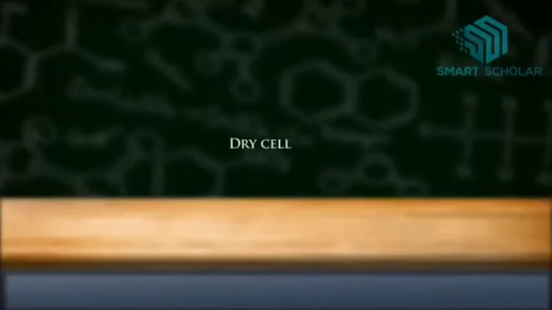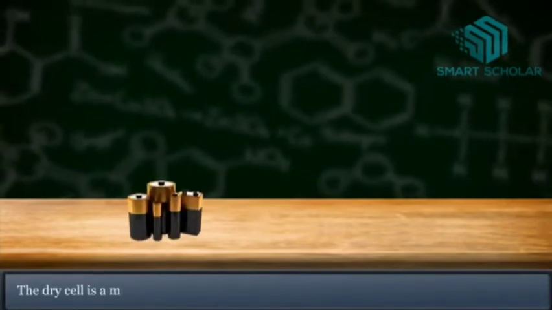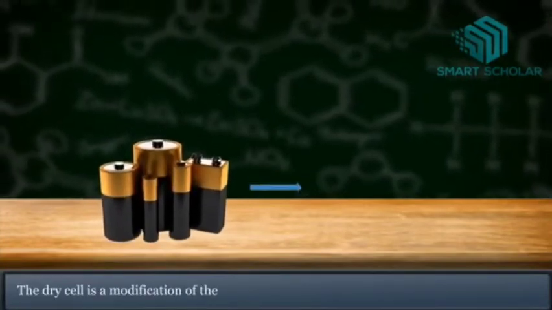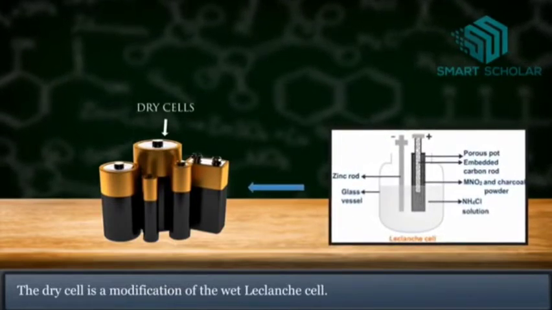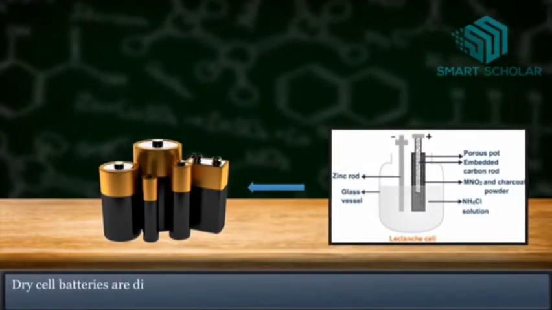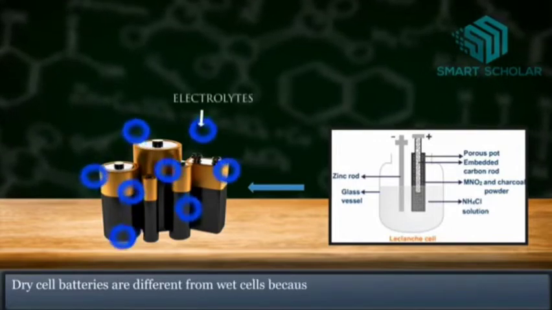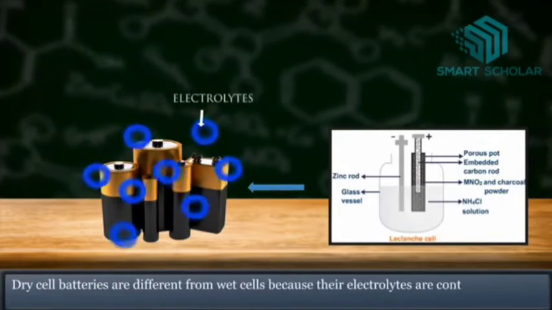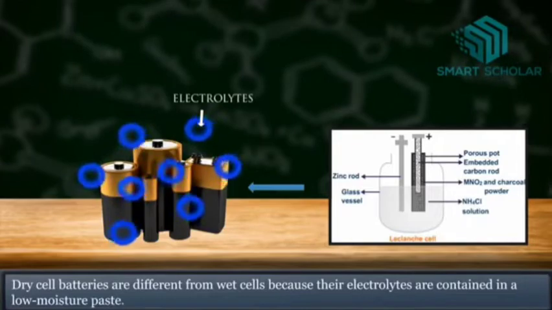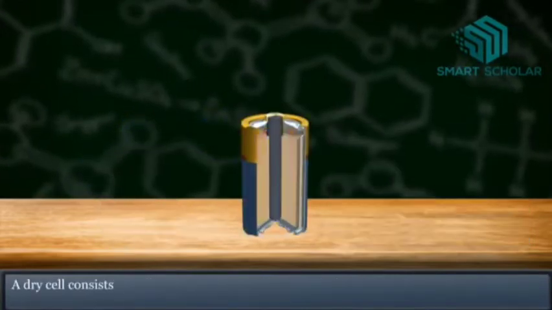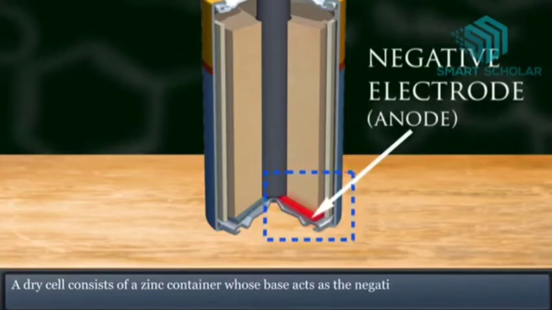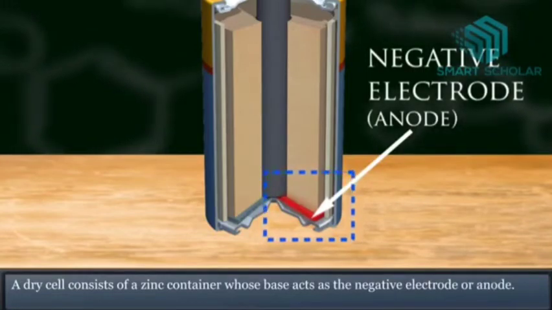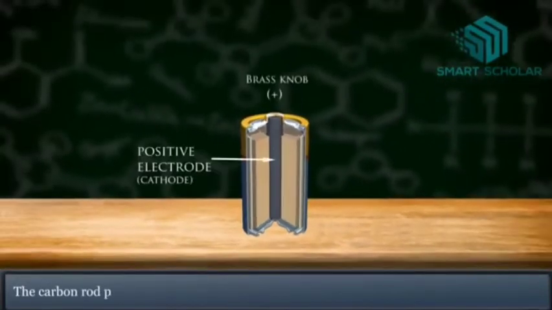Dry cells. A dry cell is a modification of the wet Leclanche cell. Dry cell batteries are different from wet cells because their electrolytes are contained in a low moisture paste. A dry cell consists of a zinc container whose base acts as the negative electrode or anode.